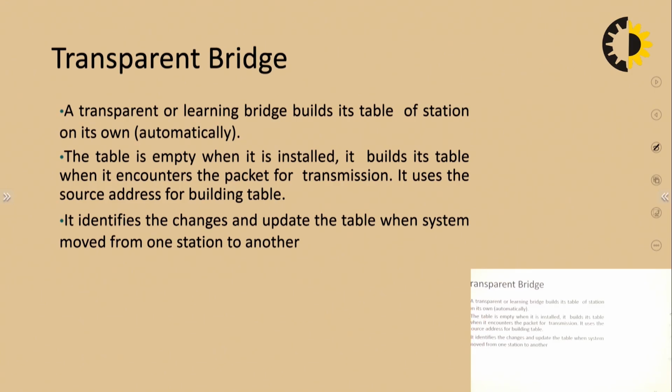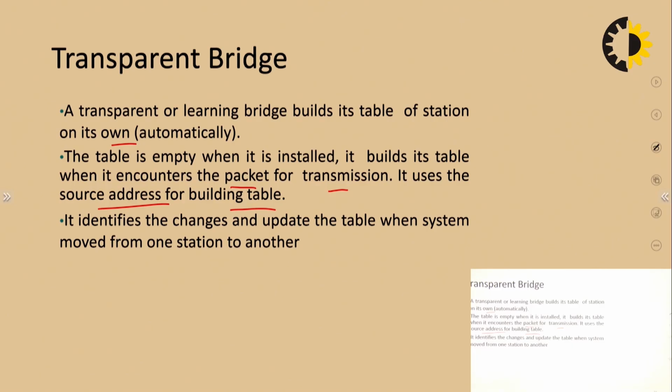Transparent bridge. A transparent or learning bridge builds its table of stations on its own. That means it will automatically create it as per the requirement. So the table is empty when it is installed. It builds its table when it encounters a packet for transmission. It uses the source address for building the table rather than the destination address.